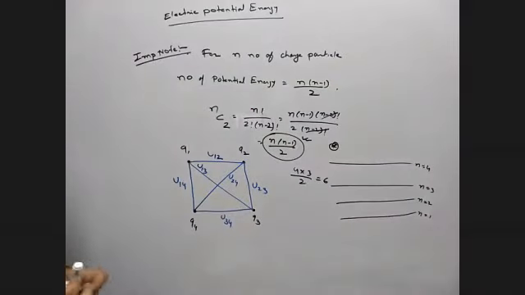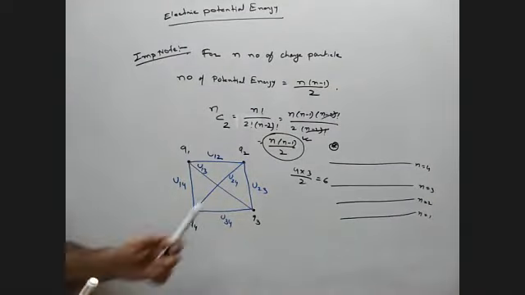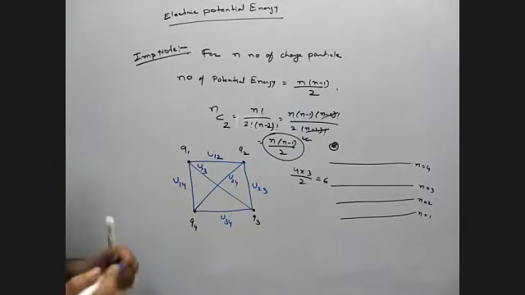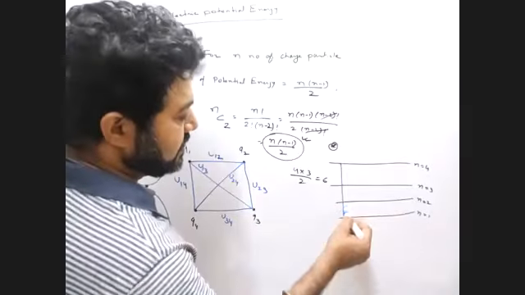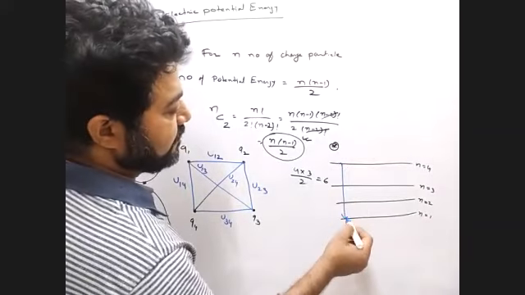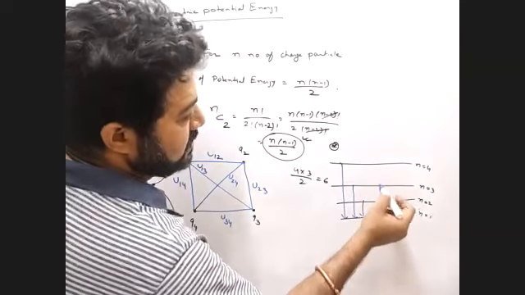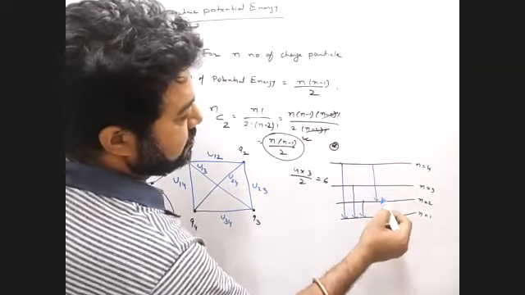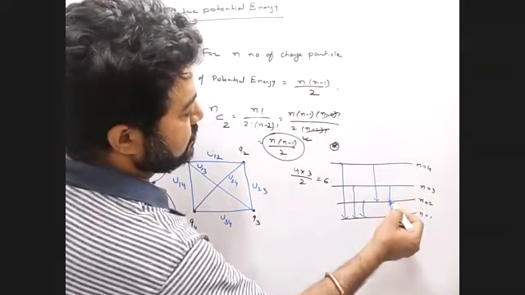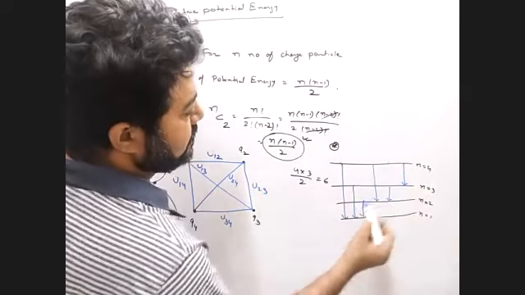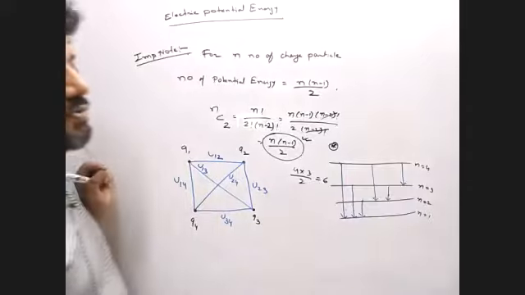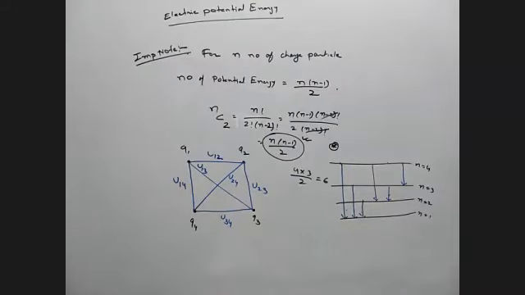How many spectral lines are possible? 4 into 3 by 2, the answer is 6. When the electron jumps from 4 to 1, 3 to 1, 2 to 1, then 4 to 2, 3 to 2, and then 4 to 3, that is 1, 2, 3, 4, 5, 6 different spectral lines. So you get the same answer. This formula is very, very important to see how many spectral lines are possible.